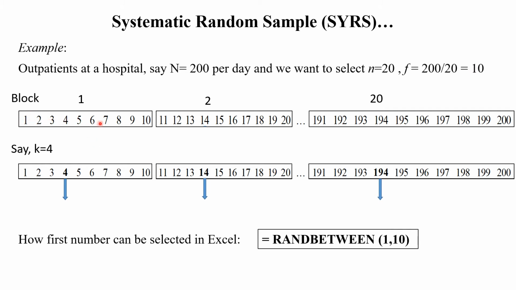be 10 patients. Now, what's the advantage of this? Most of the patients may come early in the morning. As time goes on, the number of patients may be getting lesser and lesser.